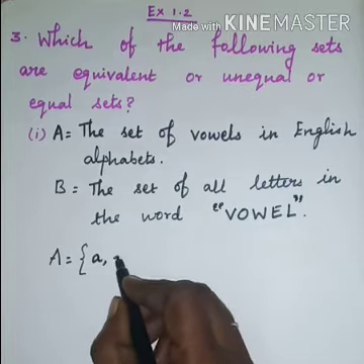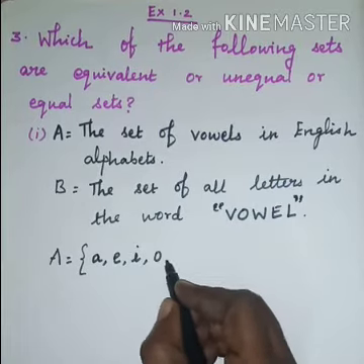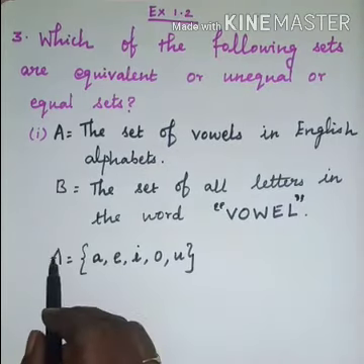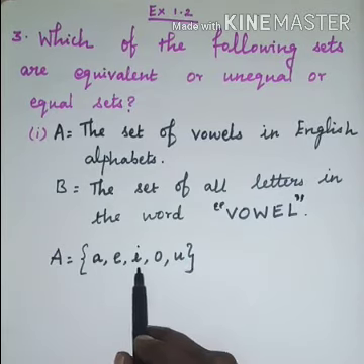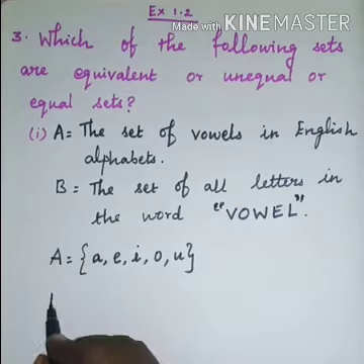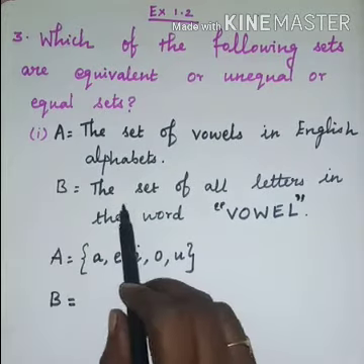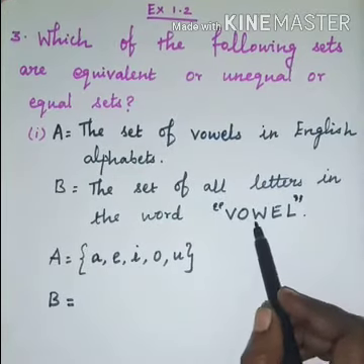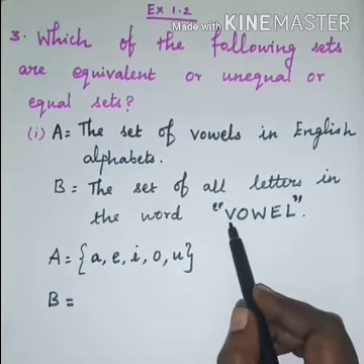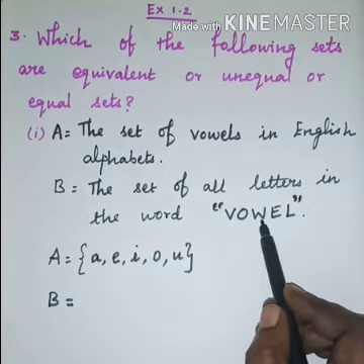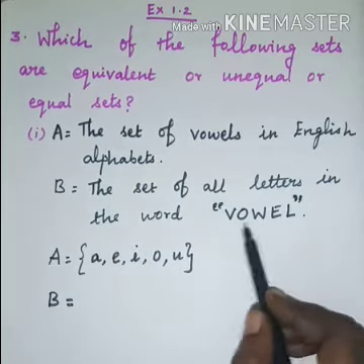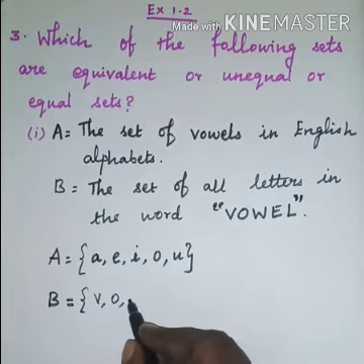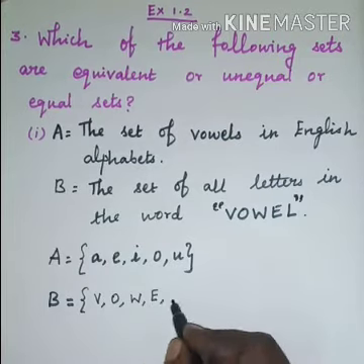A, E, I, O and U. So the set A is equal to A, E, I, O, U. Next, the second set B is the set of all letters in the word vowel. The letters are V, O, W, E, L. So the set B is equal to V, O, W, E, L.